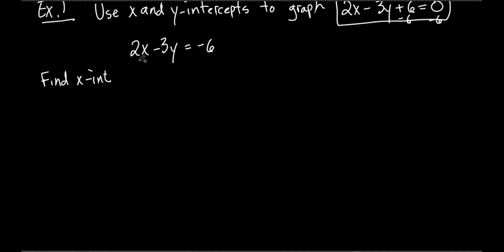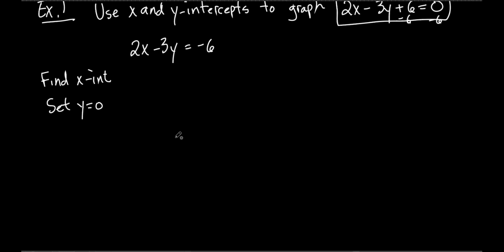Sometimes I ask it the other way. So what we're going to do is set y equal to 0. Because that's how we find the x-intercept, right? The y is always 0. Anywhere on the x-axis, the y is always 0 because you don't go up at all, do you, on the x-axis? So we set the y equal to 0.